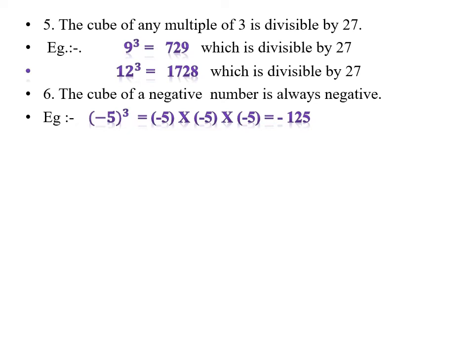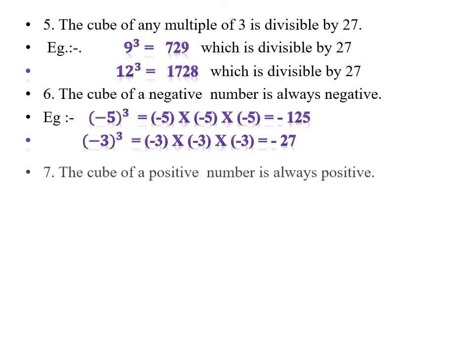So minus 5 into minus 5 into minus 5. See, here 3 negative signs are there. Therefore 2 get cancelled and 1 is left. So in the answer you have to put the negative sign, that is minus 125. Minus 3 cube is minus 3 into minus 3 into minus 3 equals minus 27.